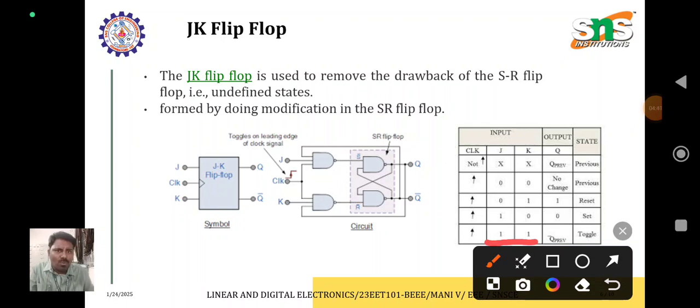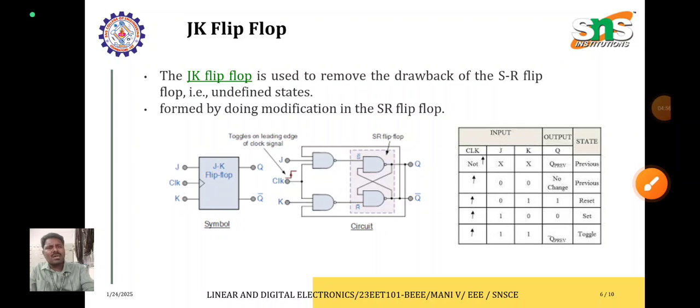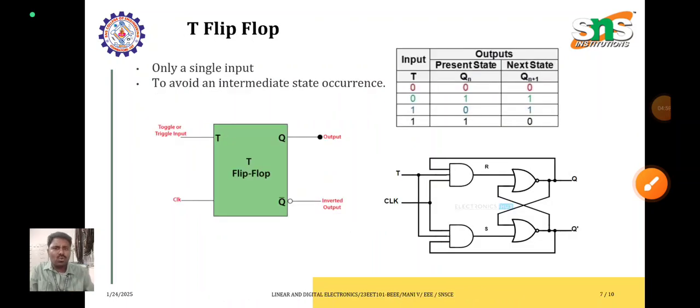So every time the output changes with respect to the previous output. That is the JK flip-flop.